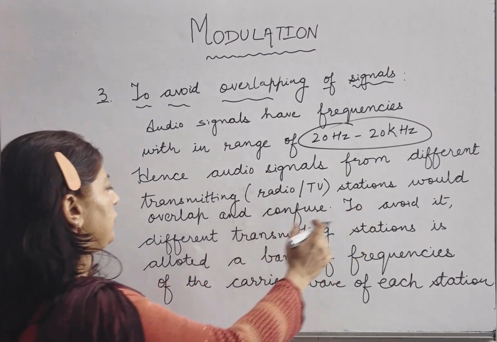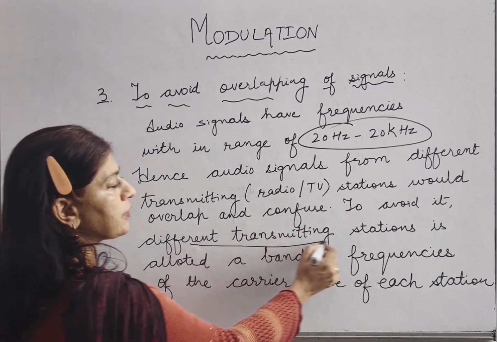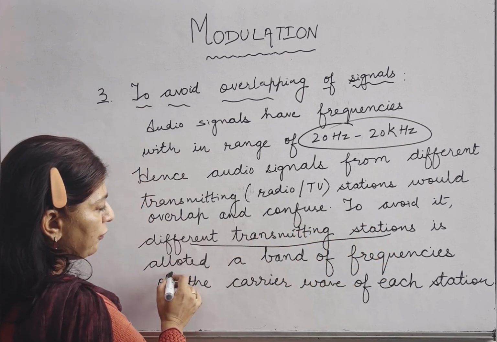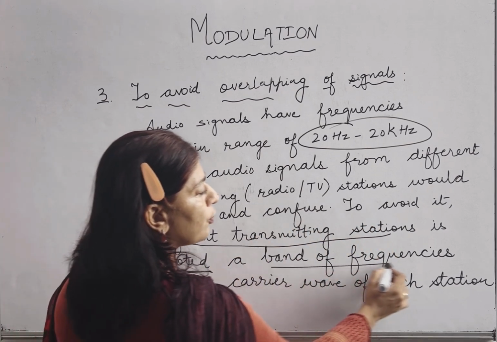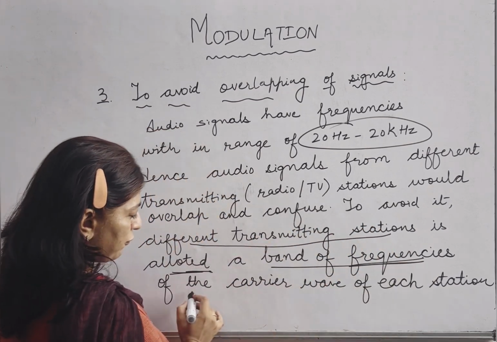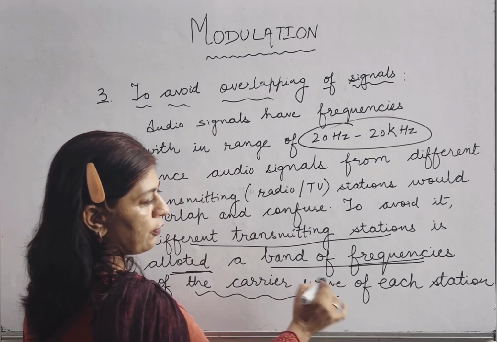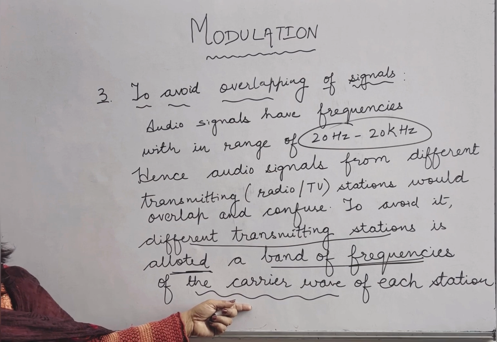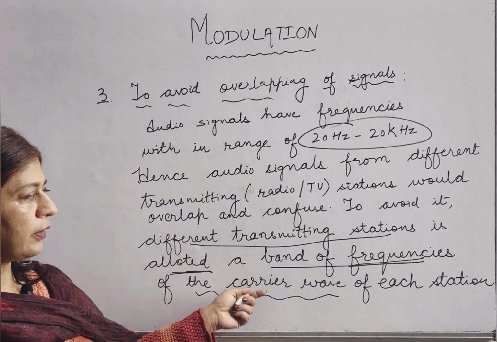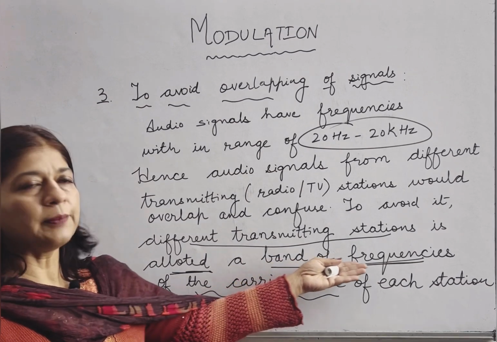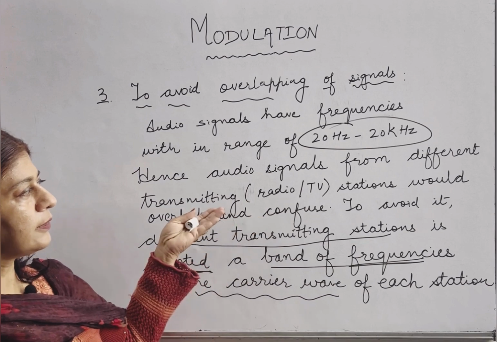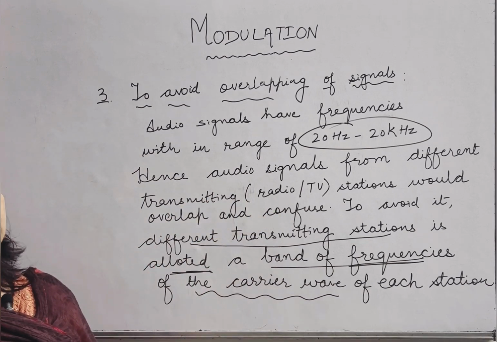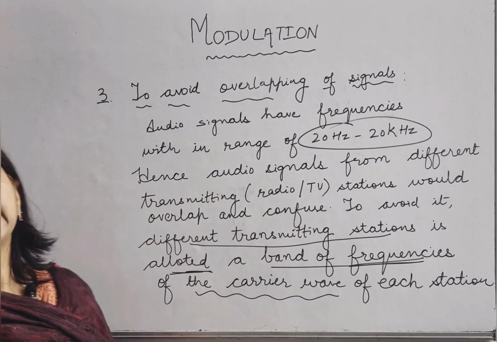To avoid it, different transmitting stations are allotted a band of frequencies of the carrier wave for each station. So this is the requirement of the carrier wave for individually having the band frequencies for the signals that are to be sent. So this is why we need the modulation.